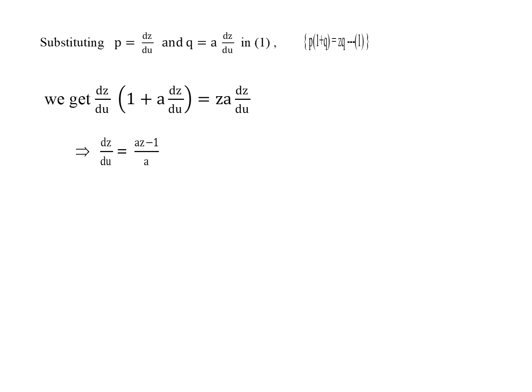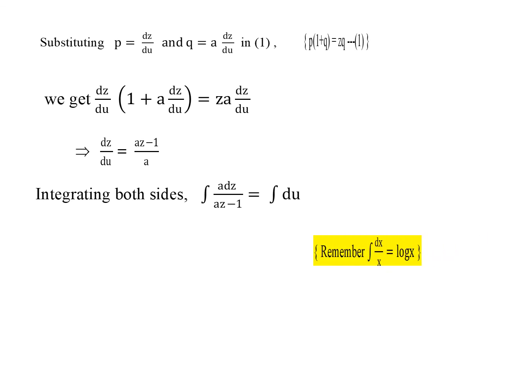Again, as usual, let us separate the variables. That is, all terms having z to the left side and the term having u to the right side. And now we will integrate both sides. Now observe this term. Which integration formula comes to your mind that we have to use here? Yes, remember this integral ∫dx/x = log x. Is it not of this sort?